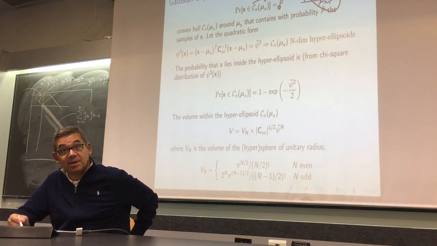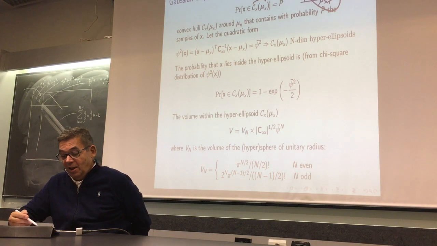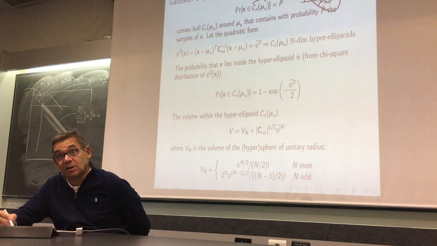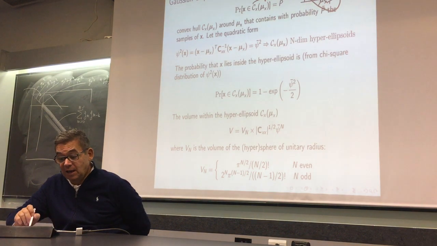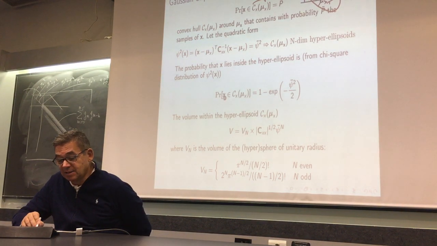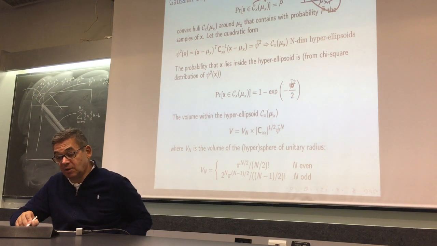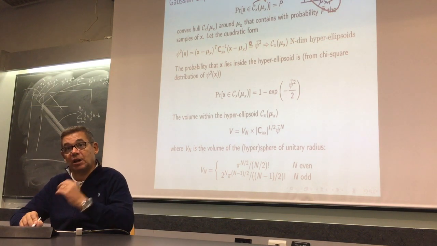Now, for a Gaussian case, if I fix the probability, let's imagine it is 95%, the problem is: can I calculate this convex hull analytically? The answer is yes. The probability that any x stays in the convex hull is 1 minus the exponential of psi naught squared divided by 2. This psi naught is related to the quadratic form, which is the argument of the Gaussian.